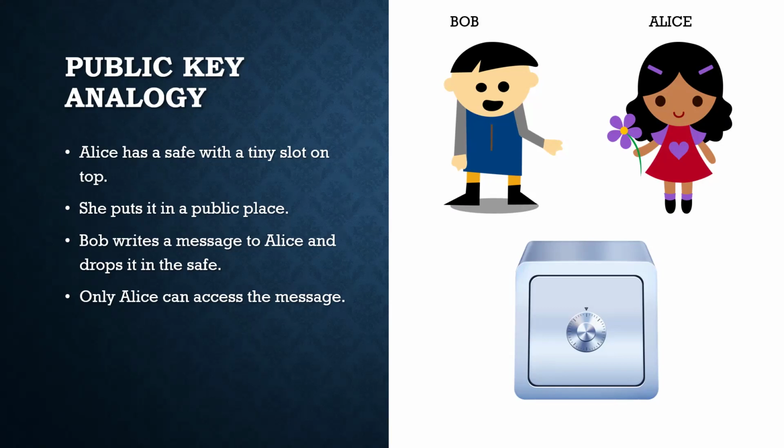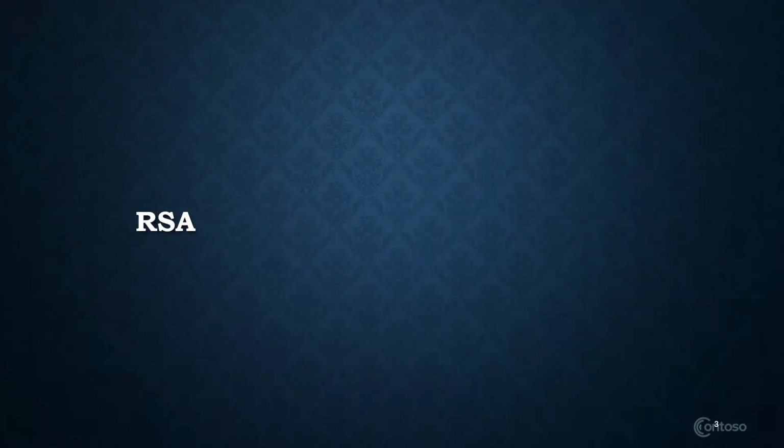Basically, the idea here is Alice and Bob have a safe. The safe is our encryption. Bob is going to use Alice's encryption, but only she knows how to decrypt it. That's the idea of public and private keys. Now, the most famous of all public and private key systems is RSA.